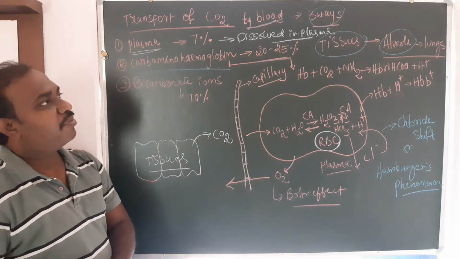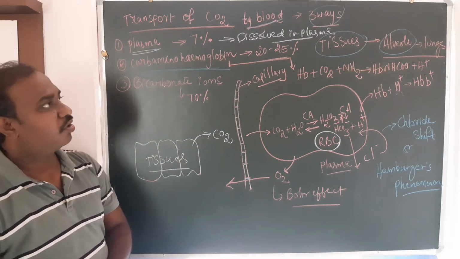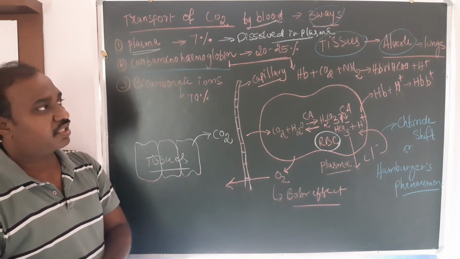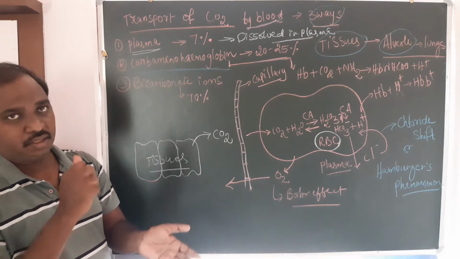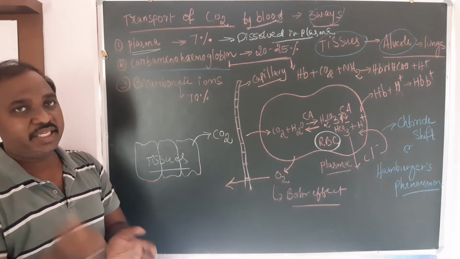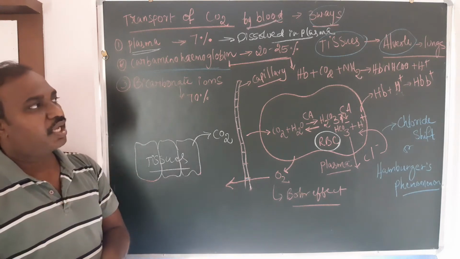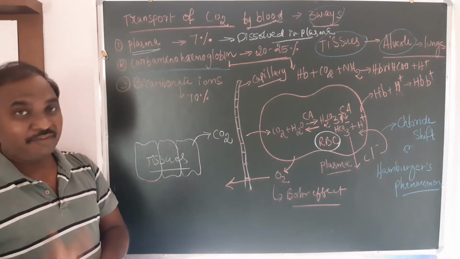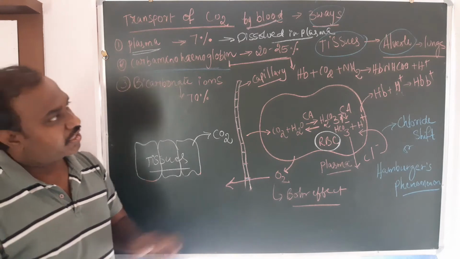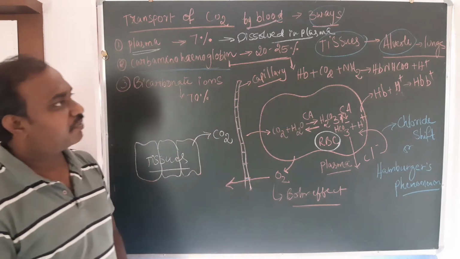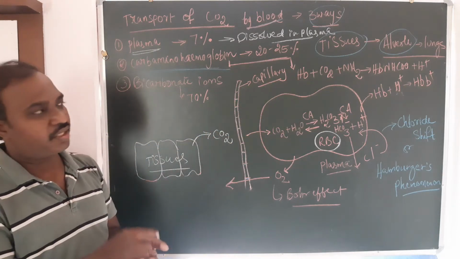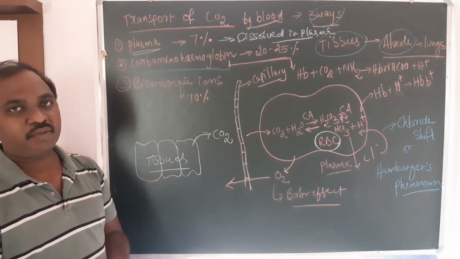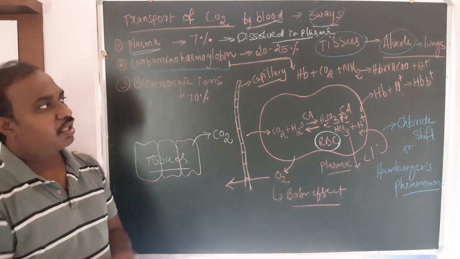The next major amount of the CO2 is transported as carbaminohemoglobin. It is much the same as what takes place in the case of oxygen, where it got attached to the hemoglobin and was transported from the alveoli to the tissues. But here the slight difference is that it gets attached to the protein part of the hemoglobin.